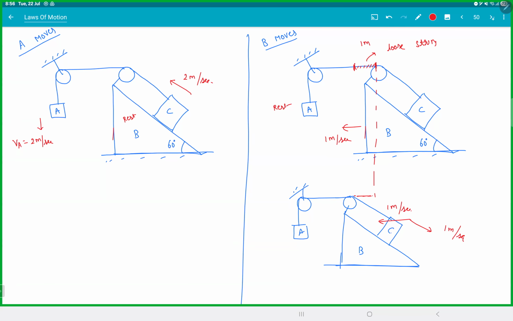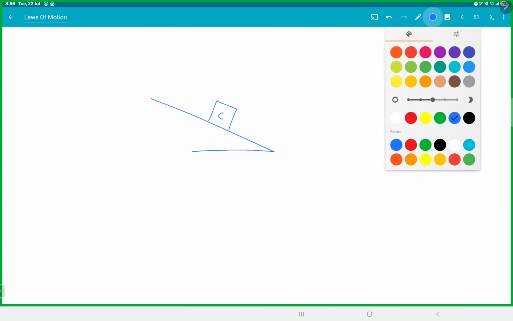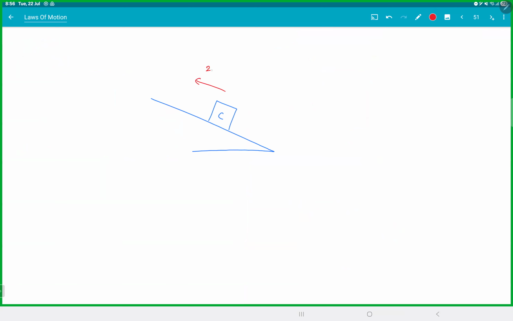So now you take the resultant of both of them. That means C is going which way? This C here is going up 2 meters per second because of A. It is going down 1 meter per second because of the wedge. And it is also going forward with 1 meter per second because it is in contact with the wedge. So you have a velocity 1 meter per second upward and 1 meter per second horizontally.